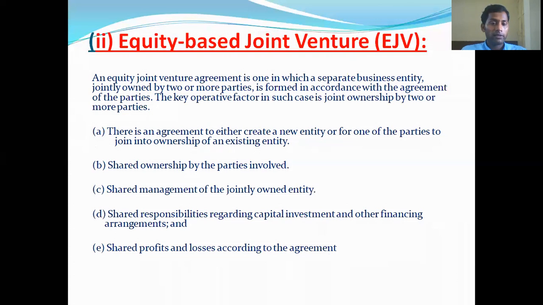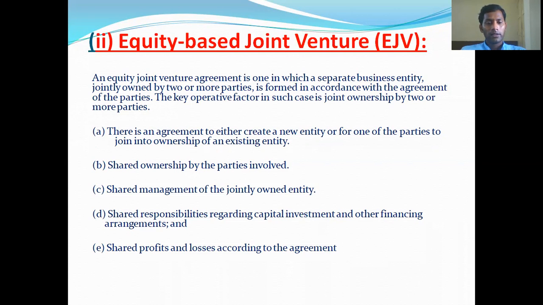Now some key factors are given here. There is an agreement either to create a new entity or for one party to join into ownership of an existing entity. Here are two options: two or more parties can create a new business, or one party can join into the ownership of another company. Second, shared ownership by the parties involved.